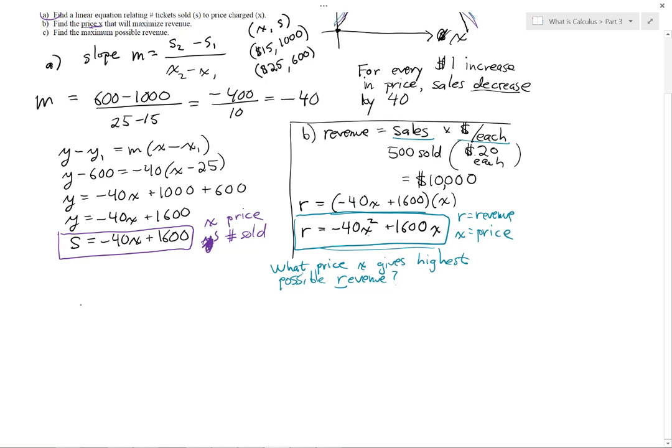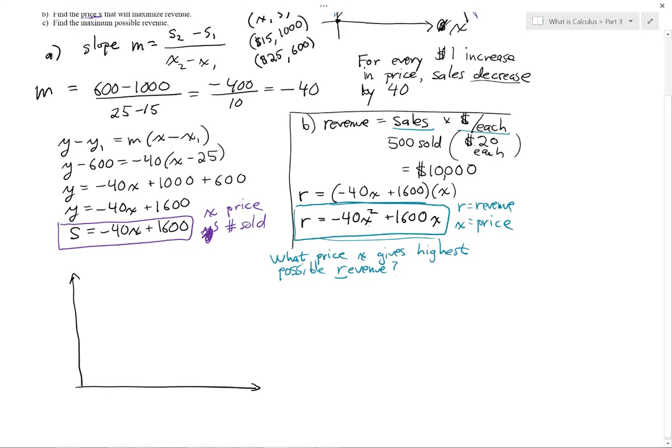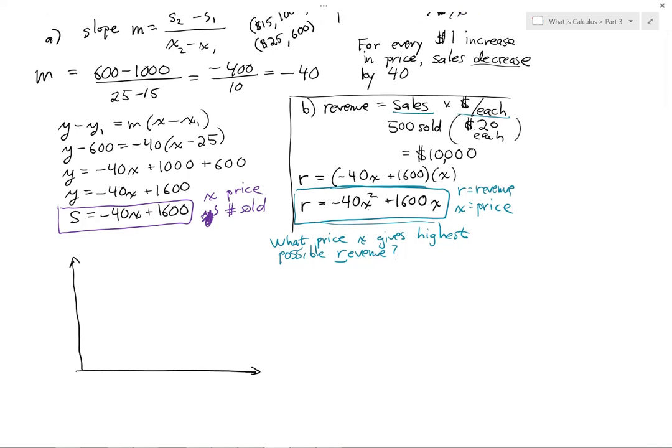So let's go ahead and draw the graph here. We're going to let this be price x, and I like to put revenue. So let's plug in some numbers. Let's make a table of values.